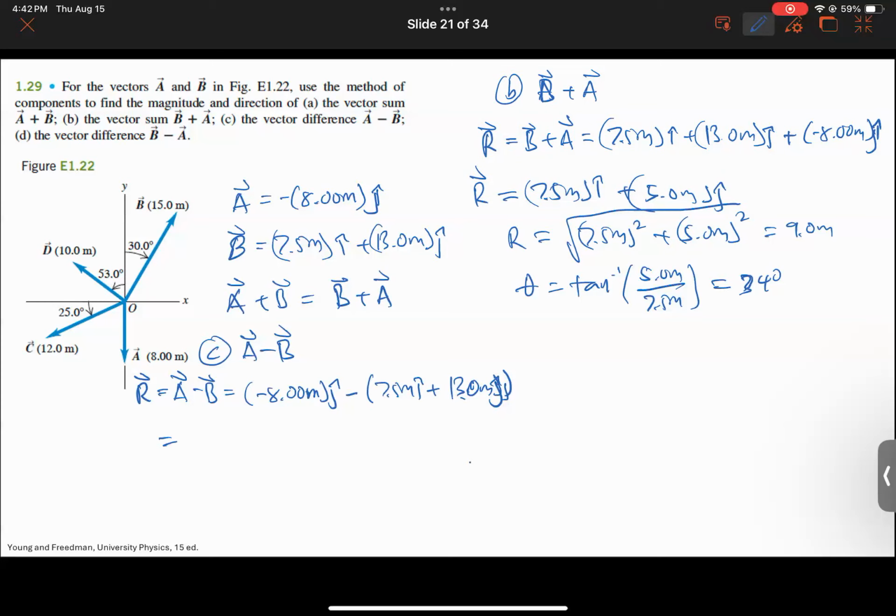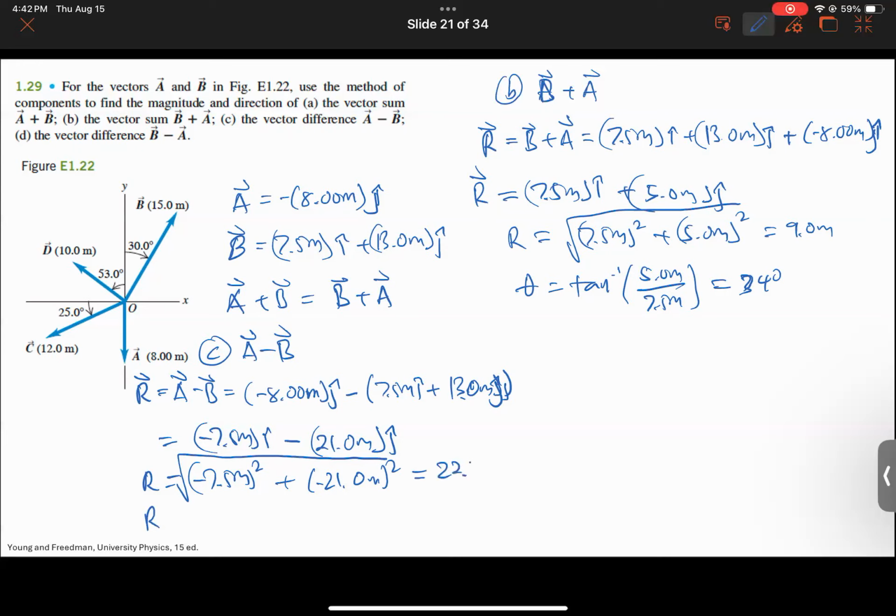So R is equal to negative 7.5 meters I hat minus 21.0 meters J hat. So this gives us a magnitude of R of the square root of negative 7.5 meters squared plus negative 21 meters squared. So this gives us 22.3 meters.